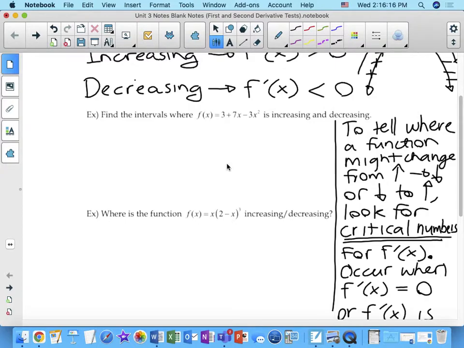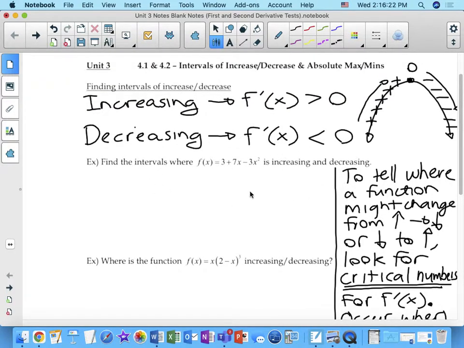When the derivative is either 0 or undefined, because if you look up here, this function happens to be quadratic. You can see when the derivative is 0 in a quadratic function, that is the point where the function switches from increasing to decreasing if it's a max point, or if it's a min point, from decreasing to increasing.